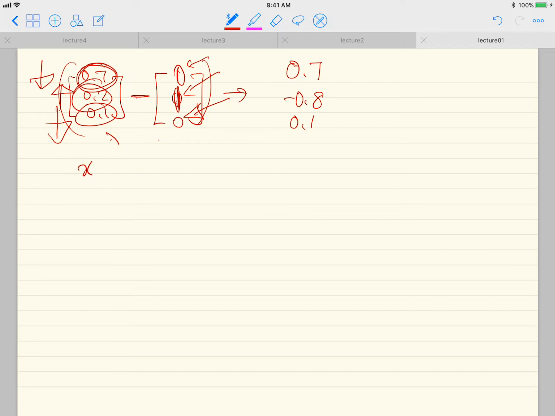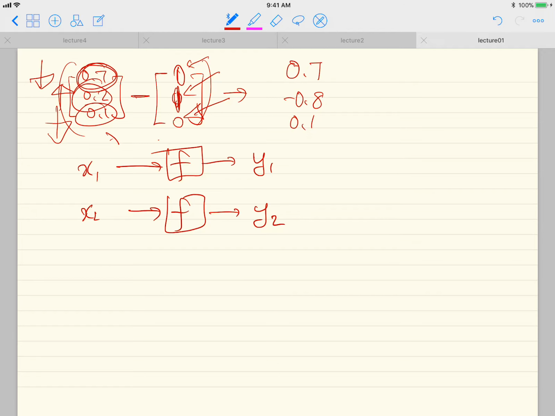We are given x1 and x2 as two inputs, and we have a function f, the same function f, that we pass them through. Let's also consider a linear combination, a x1 plus b x2, as a single input.